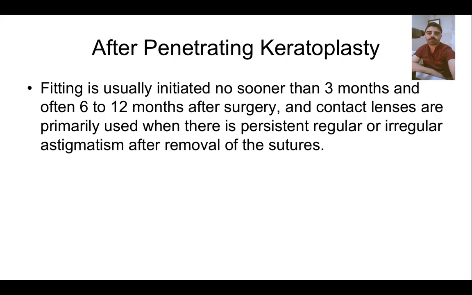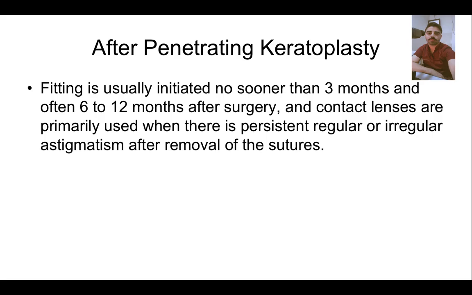So moving on, we have another indication, that is penetrating keratoplasty. If a patient has gone for a penetrating keratoplasty or cornea transplant, and still after the transplant he or she does not have good functional vision because of corneal irregularity induced by the sutures, you still have the choice of a contact lens to provide better vision, in order to correct the residual regular or irregular astigmatism.